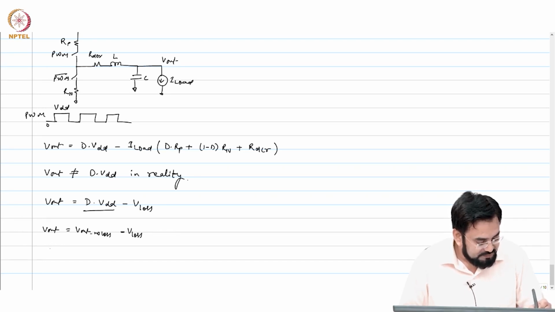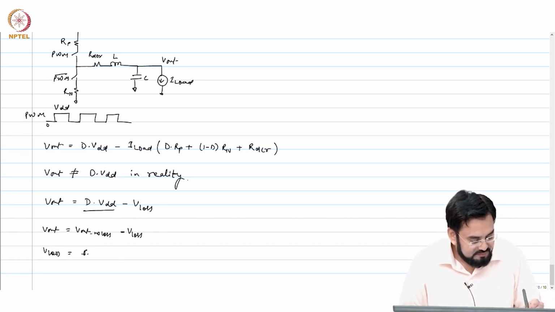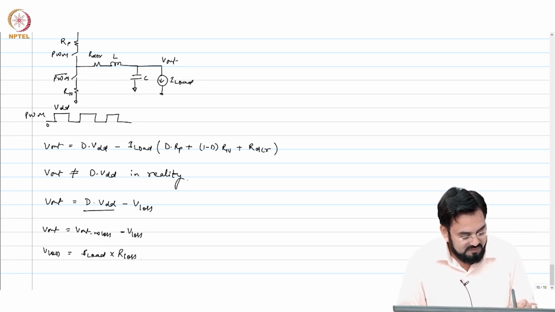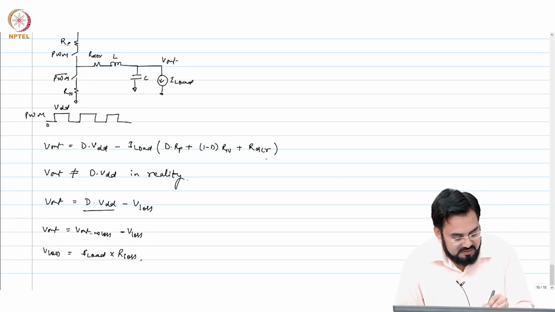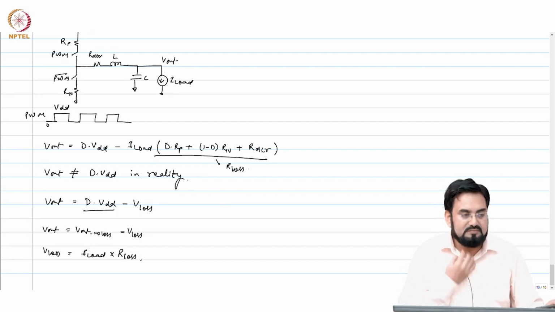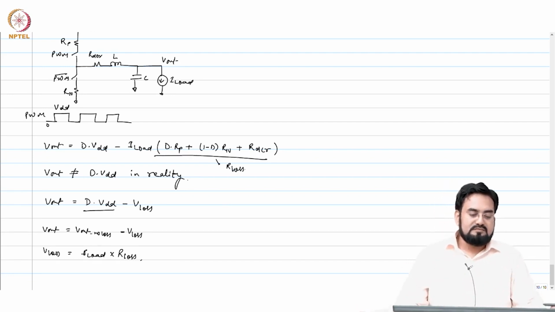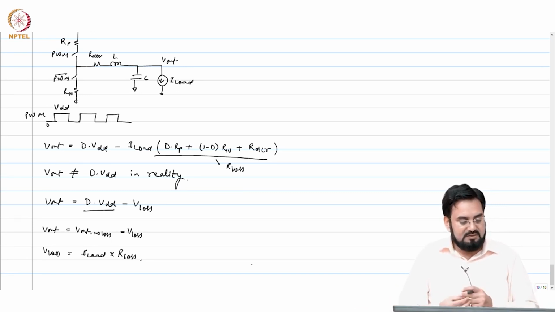And V loss is defined as I load into R loss, where R loss is nothing but this component. When you add everything together, that is what it is.